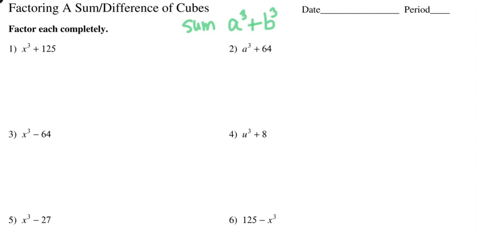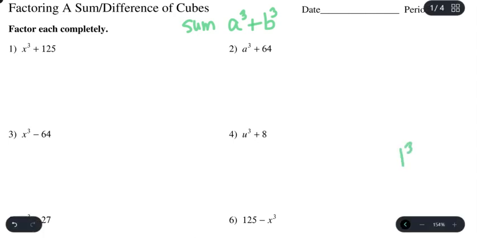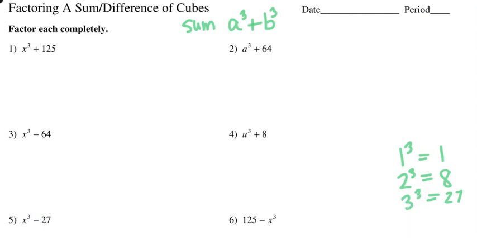Perfect cubes are numbers that have a perfect cube root, a whole number. 1 is a perfect cube because 1 cubed equals 1. 8 is a perfect cube because 2 cubed equals 8. 27 is a perfect cube because 3 cubed equals 27. So those are your perfect cubes.